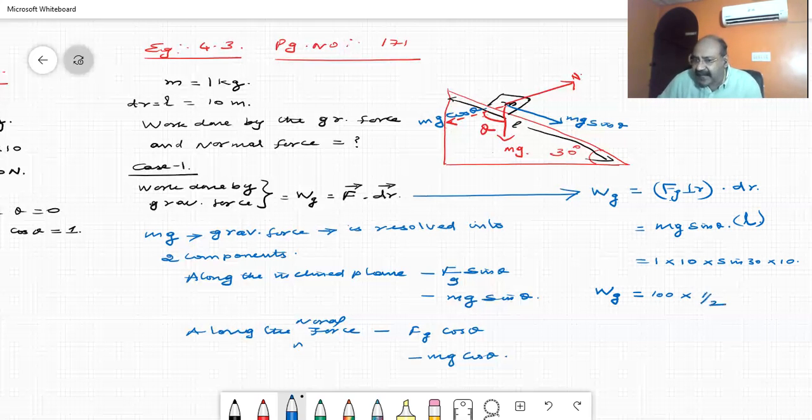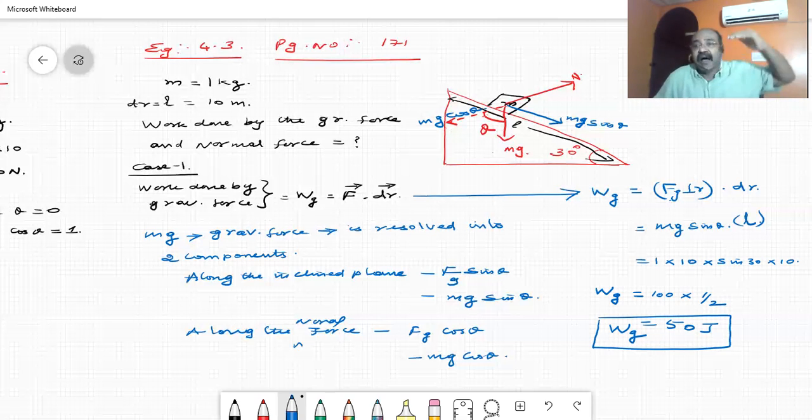So we can say the work done by the gravitational force is 50 joule along the inclined plane. This is what we are considering as the work done by the gravitational force along the inclined plane in order to move that body from the top of the inclined plane to the bottom.